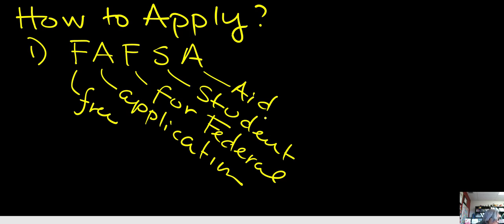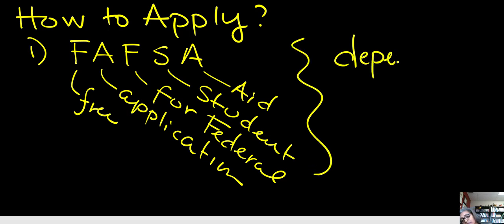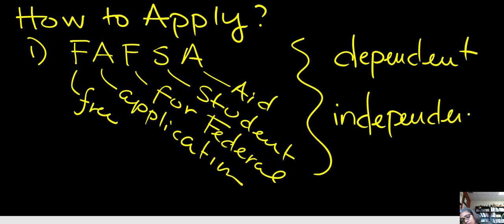Now, when you're filling out your FAFSA, it's going to matter whether or not you are a dependent or an independent student. And so what that means is that if you are a dependent student, meaning you're dependent upon parents or a guardian for your financial well-being, then you're going to use your parent or guardian's financial information.